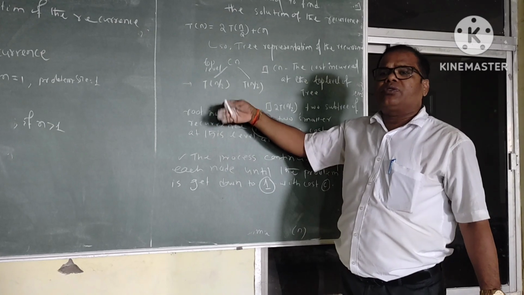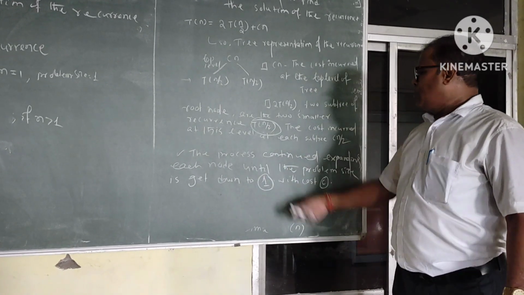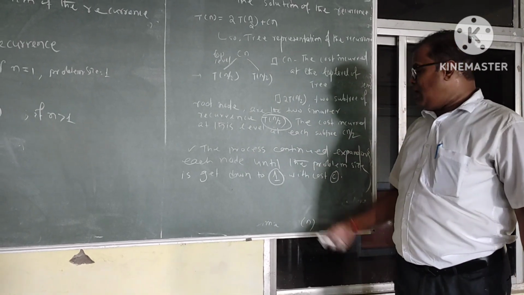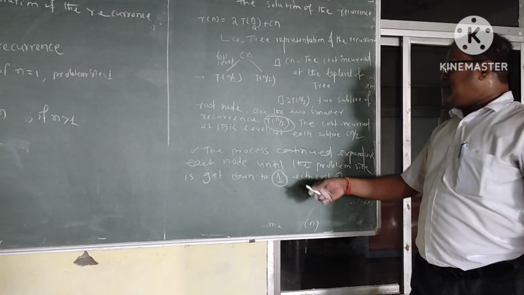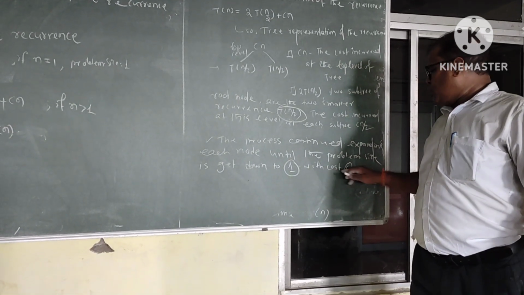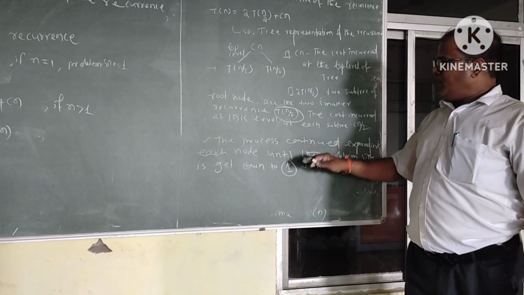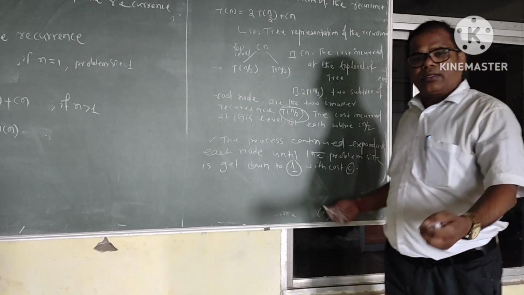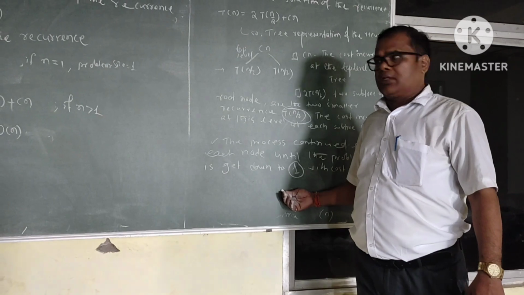You know that finding the solution is a recursive approach, yes or no? The process continues expanding each node until the problem size gets down to 1, with the cost of C. When the problem size gets down to 1, definitely a constant time C will be taken to solve it.